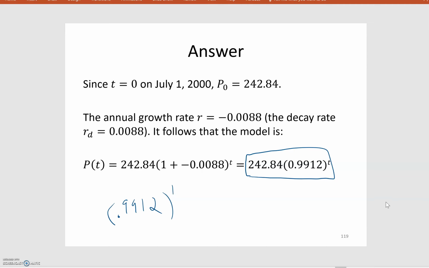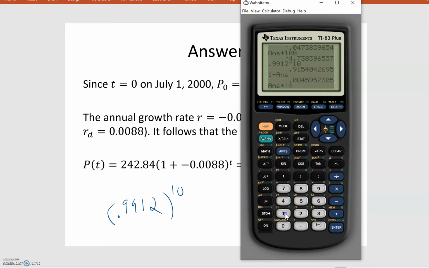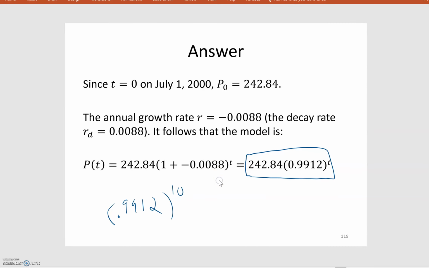We need to raise that to the 10th power because we're going from annual to decade. That'll give us our decade factor, and then we can transform that into a rate. So that's 0.9912 raised to the 10th power, and 1 minus that value times 100 to get the percent form is 8.45 or 8.46%.